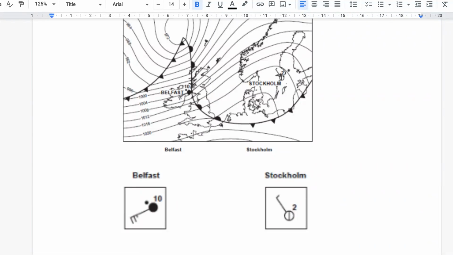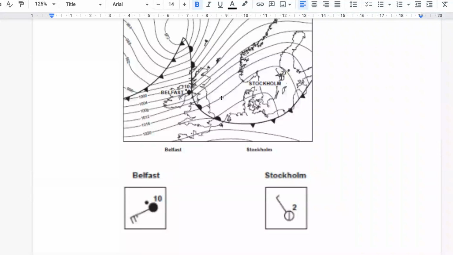Because it's got lower air pressure, the winds travel in an anti-clockwise direction. So they will be traveling anti-clockwise as I'm just tracing across. And that's why they are coming from the southwest. In contrast, Stockholm has higher air pressure. We can see it's 1016, which means winds are traveling in a clockwise direction.